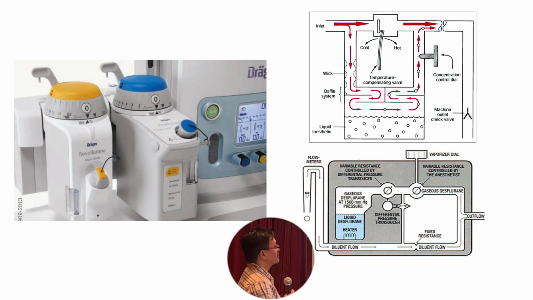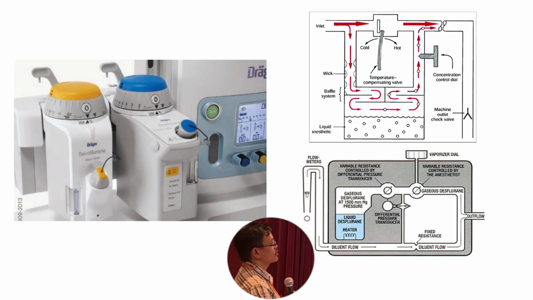So when you have fresh gas flow, this desflurane vaporizer will have a fixed resistance here, and because of that fixed resistance, there will be a transferred pressure which will be detected by a differential pressure transducer. Based on this differential pressure transducer, there will be an adjustment in the amount of desflurane released into the mixture.